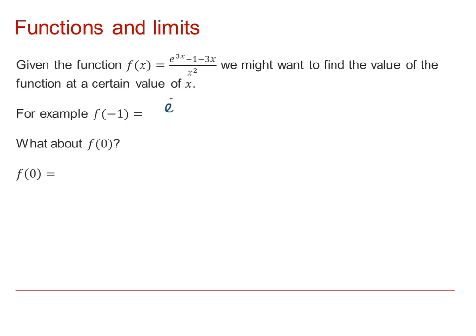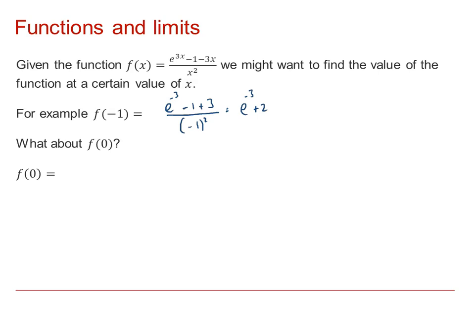So we get e to the negative 3 minus 1 plus 3, divided by negative 1 squared. And that is equal to e to the power negative 3 plus 2. So quite straightforward.